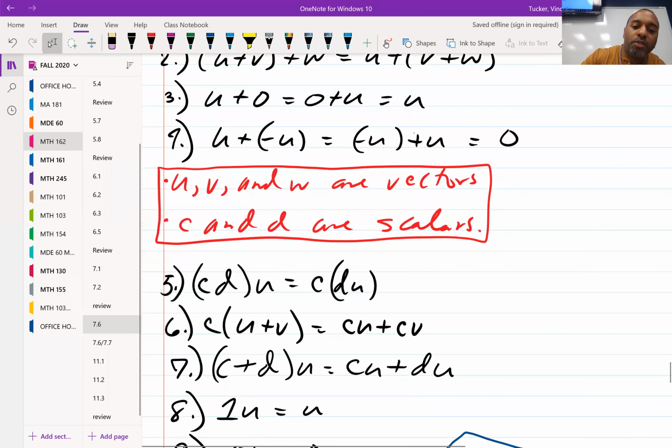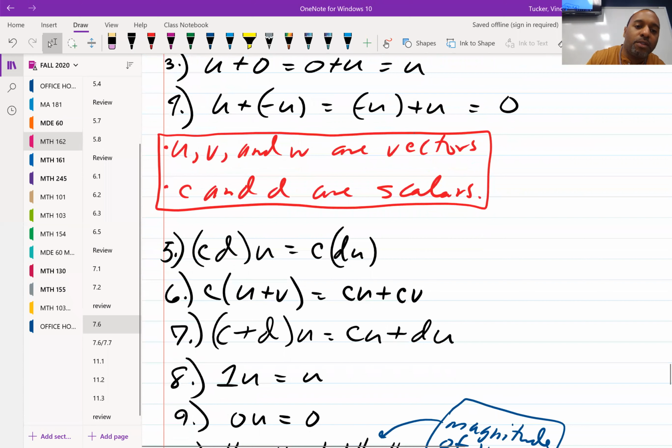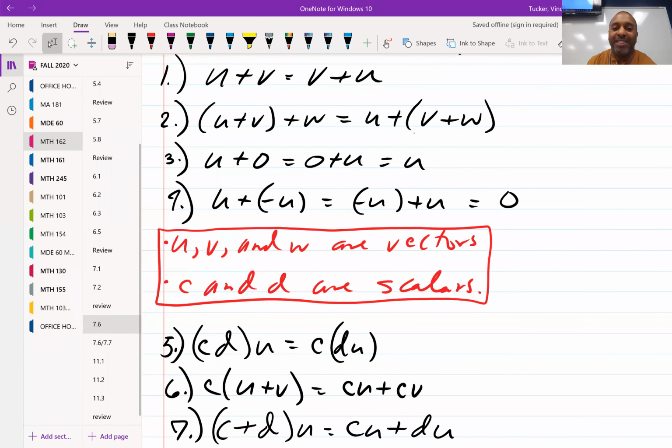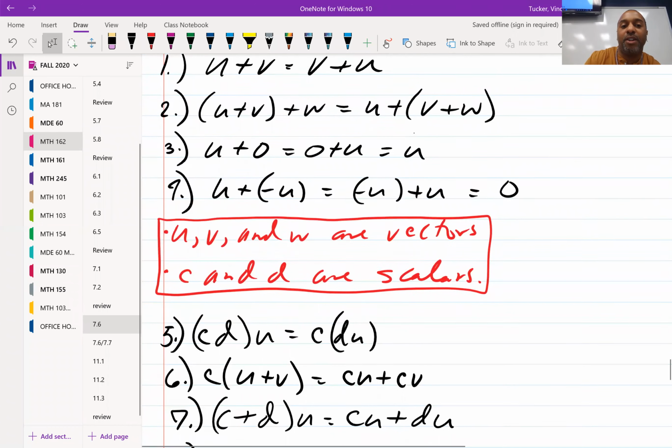So C and D are introduced, and they are scalars. So C times D times U is the same thing as D times U times C. And then C times the quantity of U plus V, you can distribute that scalar to each vector.